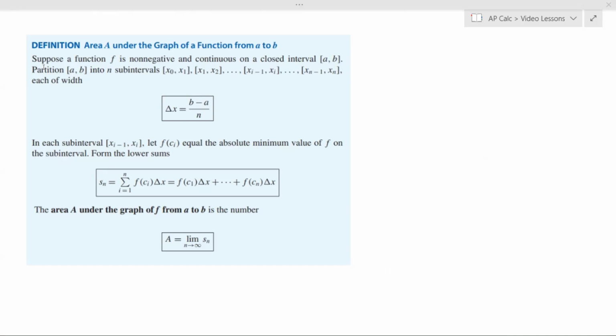You partition that interval into n subintervals. Each has a width of delta x, which you compute by b minus a over n. And then the area under the graph is essentially the limit as n approaches infinity for that sum of individual rectangles.